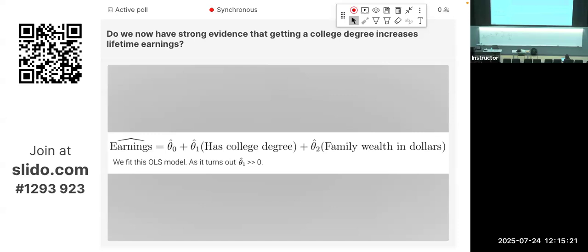Now that we have this better model that accounts for family wealth, if the fitted theta 1 hat is much larger than 0, do we now have strong evidence that getting a college degree increases lifetime earnings? What do we think? Again, a yes or no question.